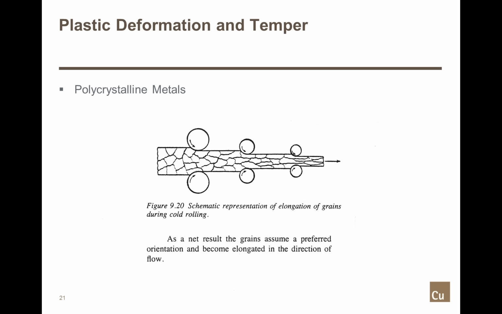The elongation of the grain structure or crystal structure during cold rolling ends up in developing a preferred orientation or flow of the grain structure, as you can see as you move to the right on this diagram. But if you squeeze down on the material, it is strengthening, or the internal stresses are becoming greater.